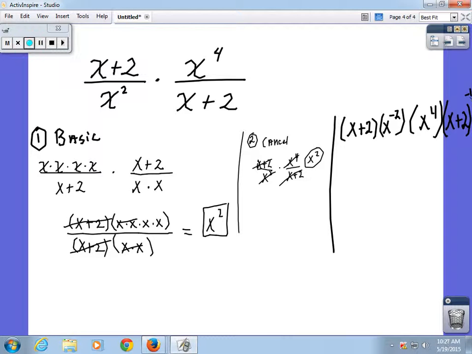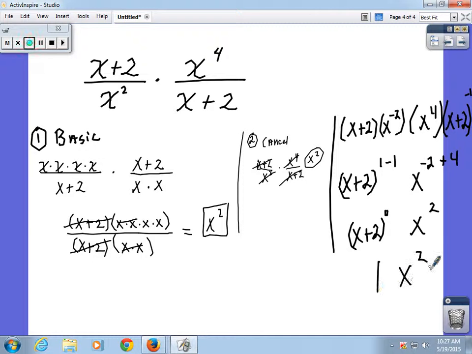So that'll be x plus 2 times x to the negative 2. I brought that one up. Times x to the 4th times x plus 2 to the negative 1. Now add exponents. x plus 2 to the 1 minus 1, and x to the negative 2 plus 4. And this gives you x plus 2 to the 0 times x squared. And what's anything to the 0 power? So your answer is x squared.